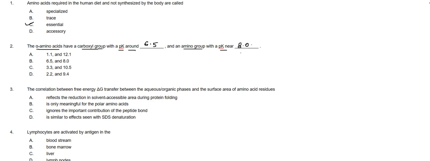Next, number 3. The correlation between free energy delta G transfer between the aqueous and organic phases and the surface area of amino acid residue. What will be the correct answer?